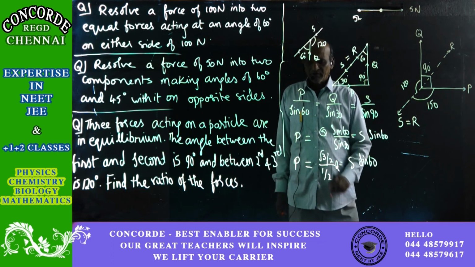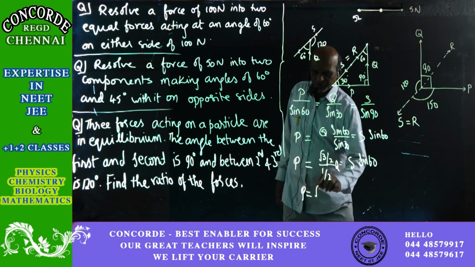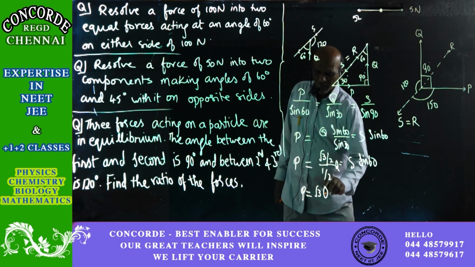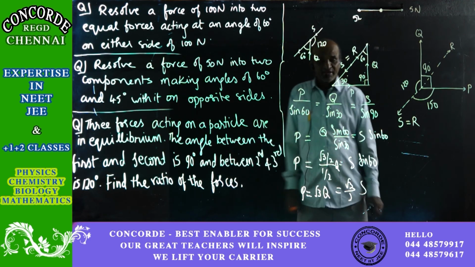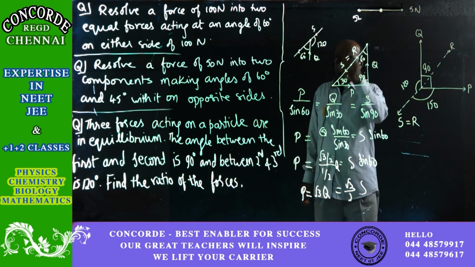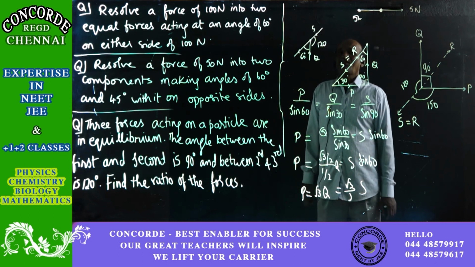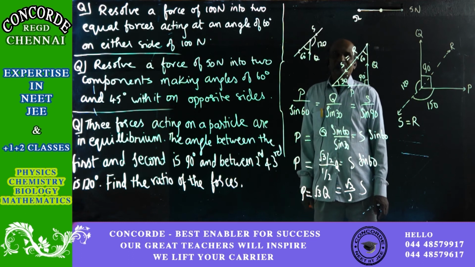So we now get P is equal to root 3 Q is equal to sin 60 is root 3 by 2. Yes. Now it is very easy to find out the ratios. So when it comes to only the problem, it will hardly take 1 minute. But to solve the problem in that less time, understand the concepts.